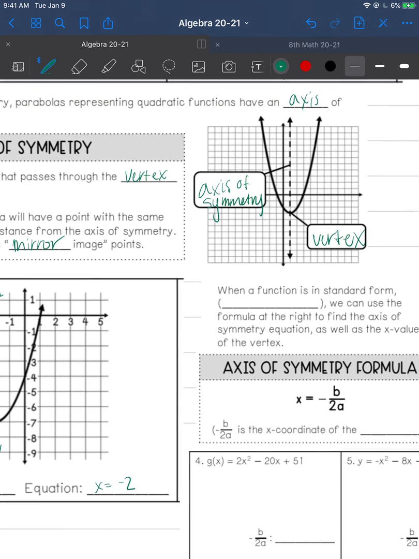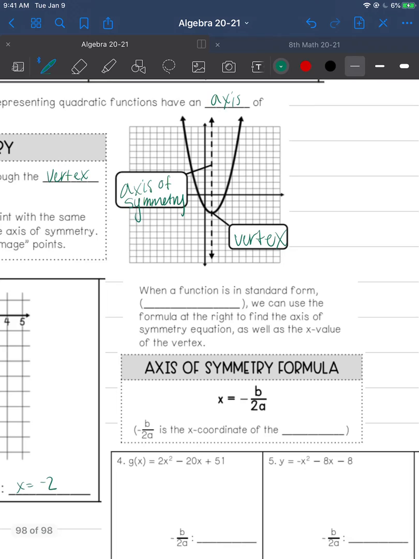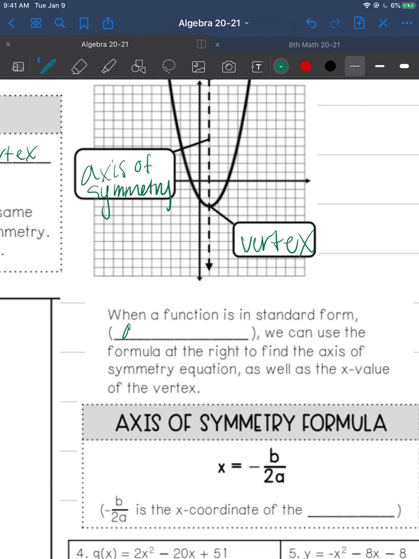So that is our axis of symmetry, our line for the axis of symmetry. But sometimes there's a way that we can calculate it. Maybe we don't want to look at the graph, we don't need the graph just yet, and it takes a lot of time to graph. You could actually calculate the axis of symmetry when a function is in standard form. Remember, that's ax squared plus bx plus c.